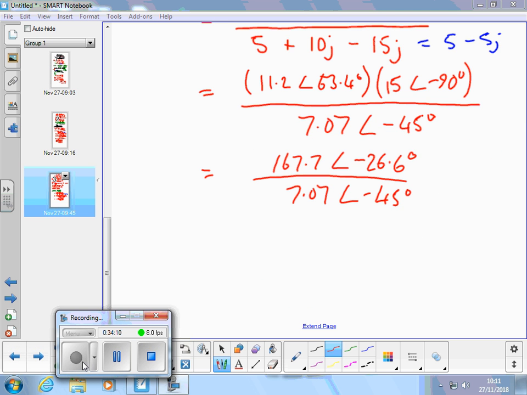Now we've got two polar numbers, easy to divide. The result is that ZT is equal to 23.7 ohms angle 18.4 degrees.